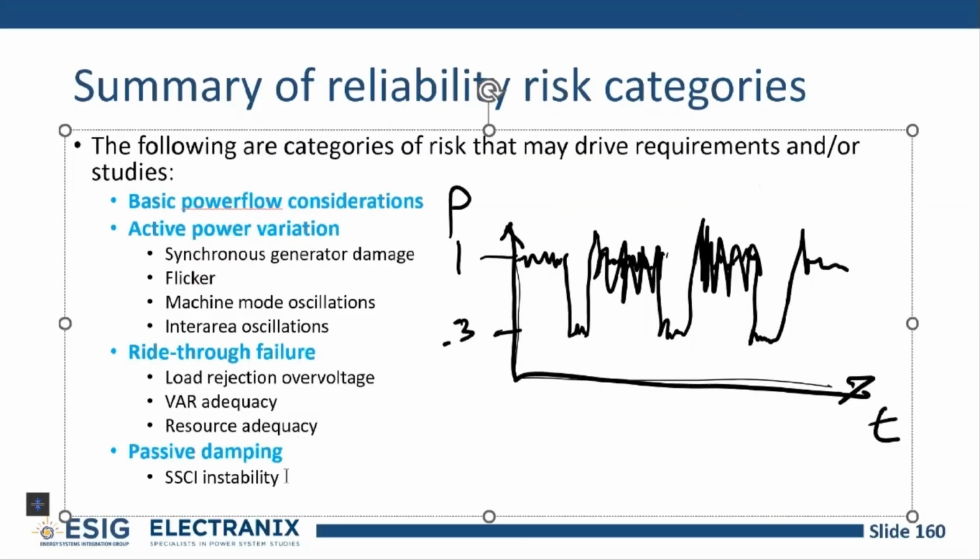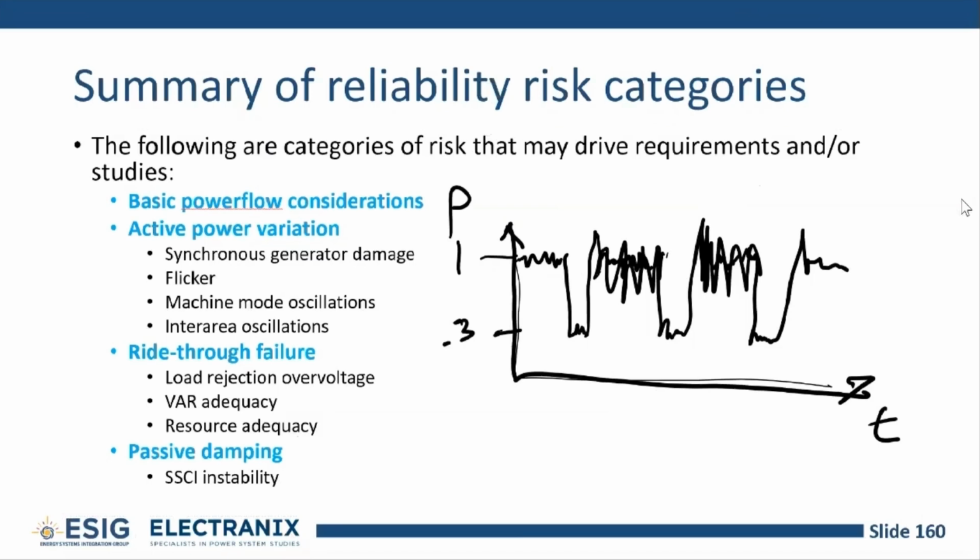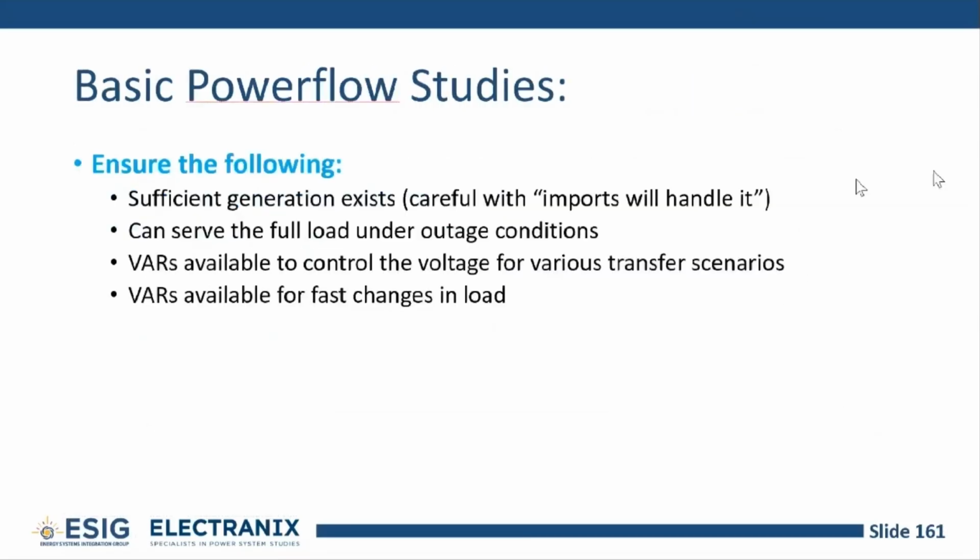So if it's a UPS interface to the grid instead of a type 4 wind or type 3 wind interface to the grid, it's still a voltage source converter, a power electronic controller, and so we're interested in its damping. And maybe we're going to start moving damping characteristics into problematic regions again. So those are the categories of risk. We're going to go through each one of those and think about what studies we might do, or what we might do, to contain those risks.